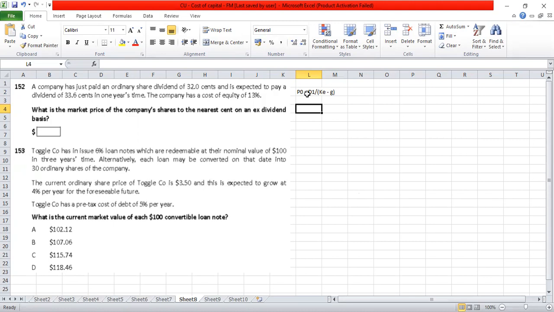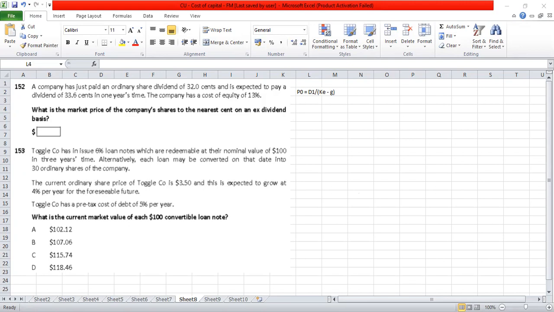So P3 is equal to D4 divided by KE minus G. So we need to first find out the value at the end of the 3 year period, because the conversion would happen at the end of the 3 year period.